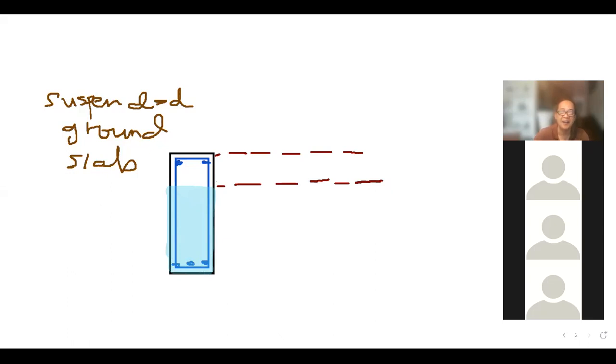And then, similar to our previous detailing, we'll be putting in the compacted hardcore layer below the slab level, and we will also have our sand blinding layer located somewhere here.